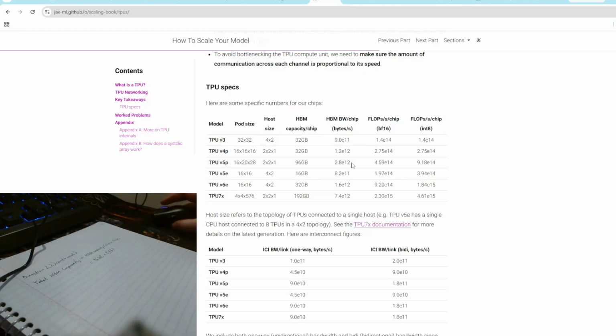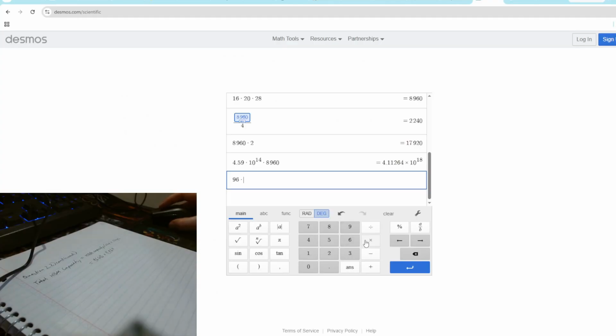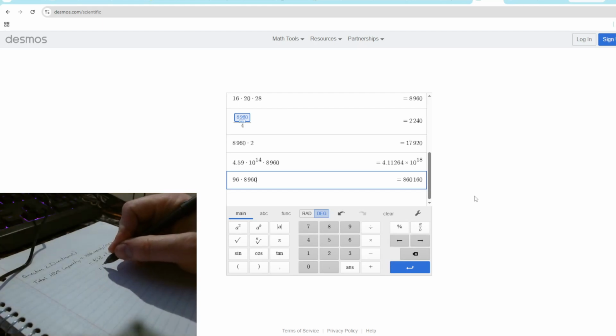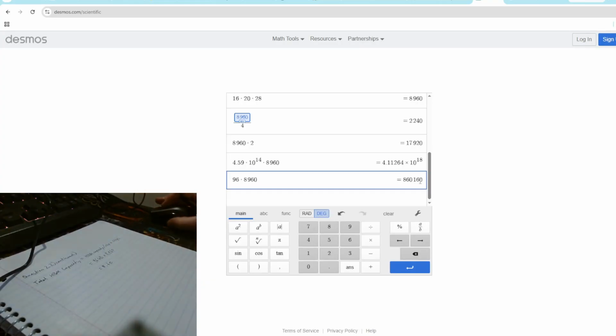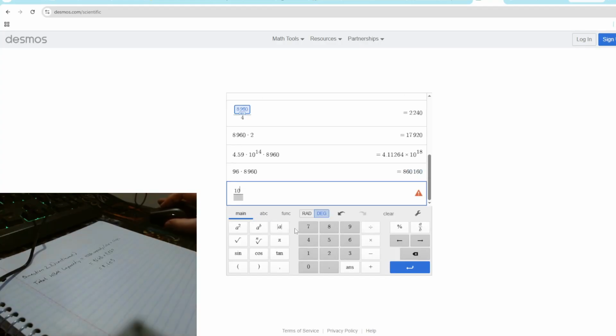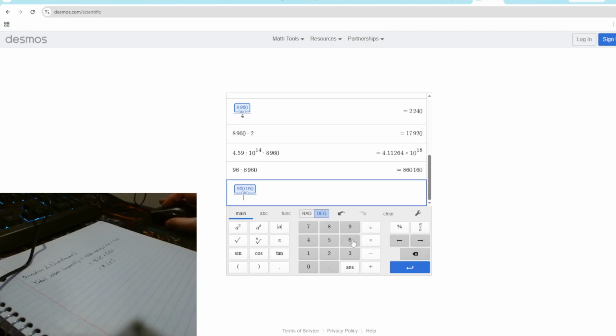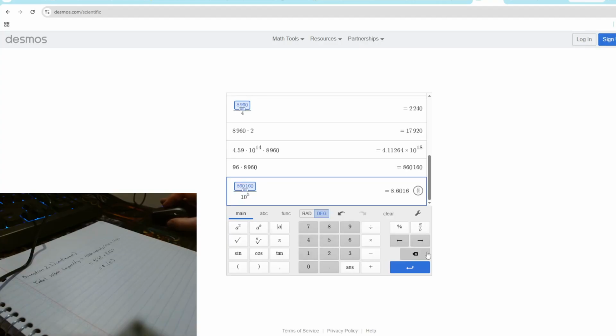Let's do that. 96 times 8,960. Equals 8. Let's just do 0.8 E5. Let's just divide this by 10 to the 5 to make sure that's right. Cool. That's 860 gigabytes. Alright.